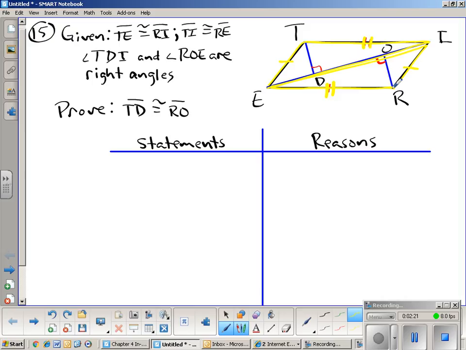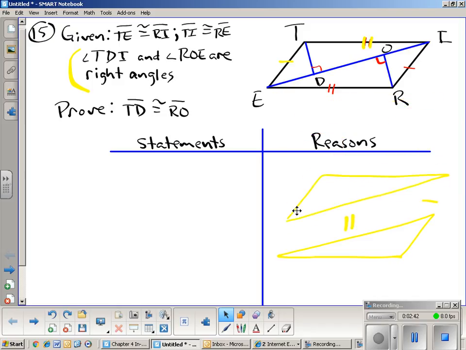Now this next statement says angle TDI and angle ROE are right angles. Are those angles in those 2 triangles? If I pull those 2 triangles down here, are those right angles in them?